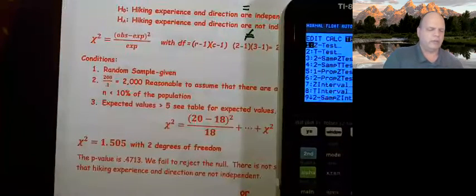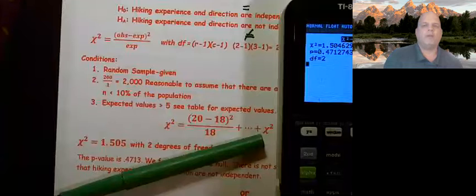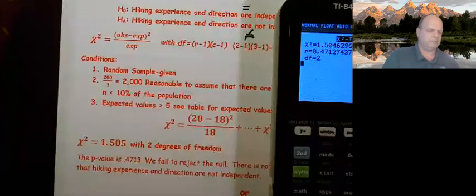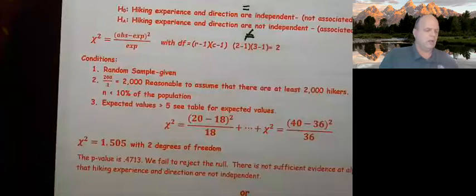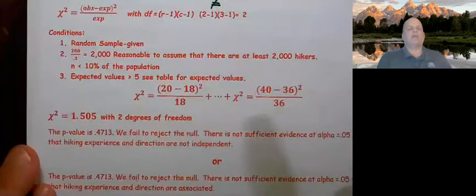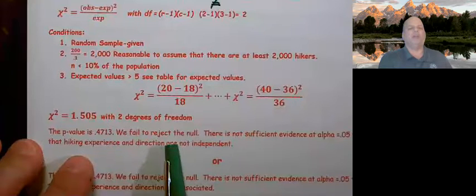Stat, test, chi-squared test. Chi-squared of 1.50 and 0.47. So the p-value is 0.4713.